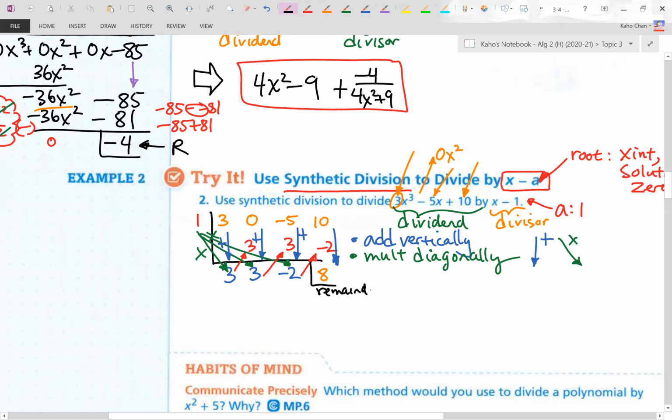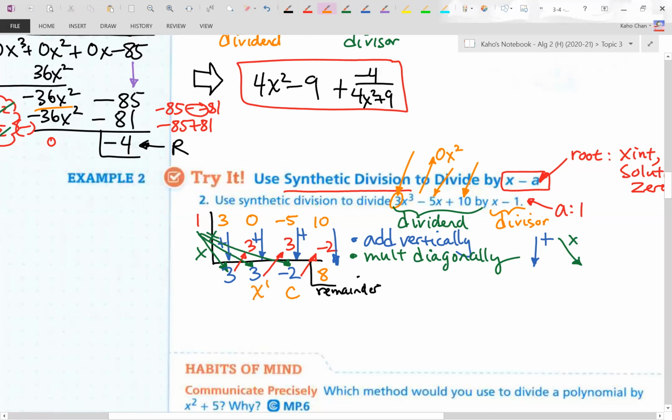So how do we represent the answer? The answer has to be put back into polynomial variables, okay? So we just got the remainder of 8. Read backwards those numbers that we got when we added vertically: 3, 3, negative 2. Going backwards from right to left, I want you to think of it as the number next to 8 is the constant. I'll use C. The number to the left of that is the first power.